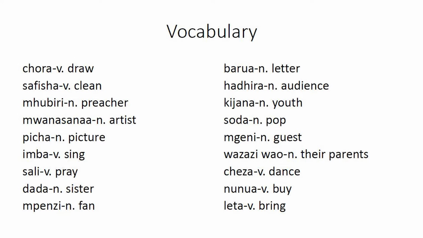So you have chora for draw, safisha for clean, hubiri for preacher, wanasana for artist, picha for picture, imba sing, sali pray, dada sister, mpenzi fan, barua letter, hadira audience, kijana youth, soda pop, mgeni guest, wazazi wao which is their parents, cheza dance, nunua buy, and leta bring.